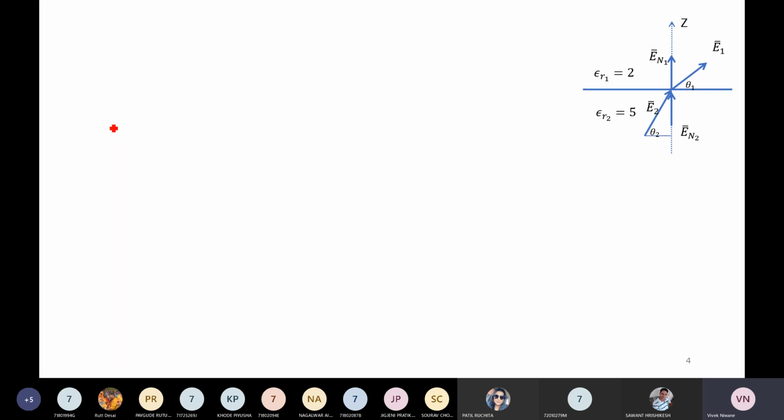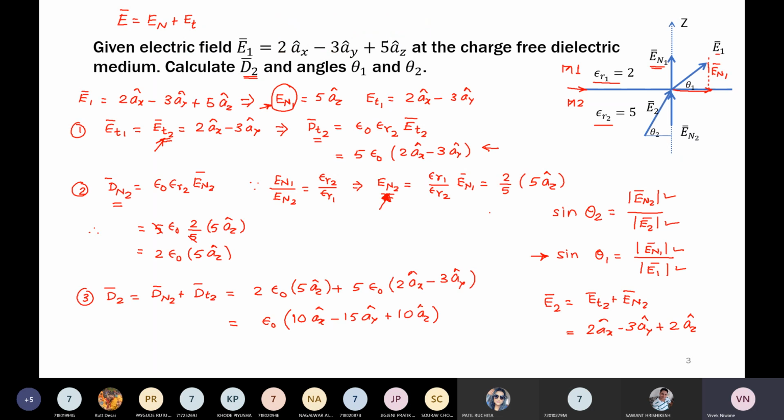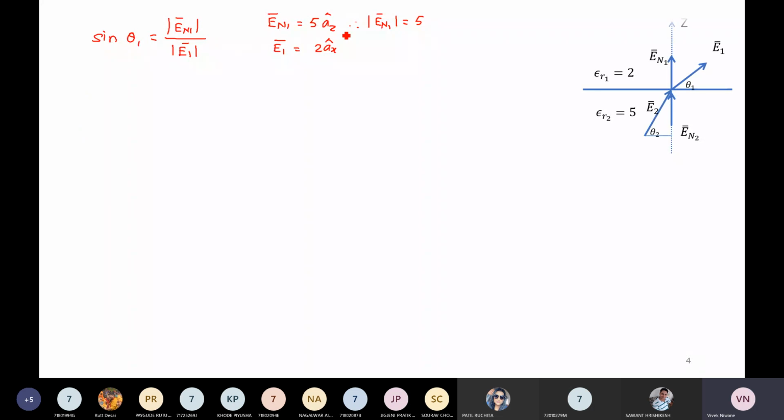So we do have sine of theta 1 is equal to magnitude of en1 upon magnitude of e1. So en1 was 5az, therefore magnitude of en1 bar is equal to 5. e1 bar, which was given, was 2ax cap minus 3ay cap plus 5az cap.